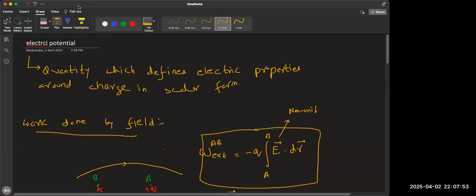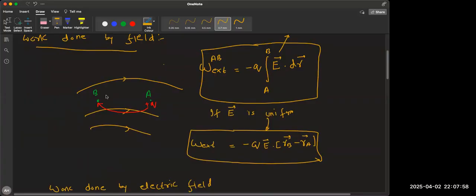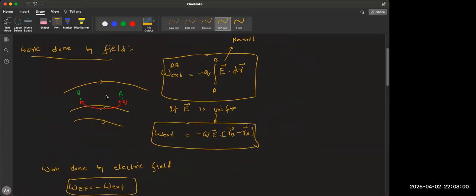Done, sir. Did you finish optics with Amna? No, sir. Lenses left.